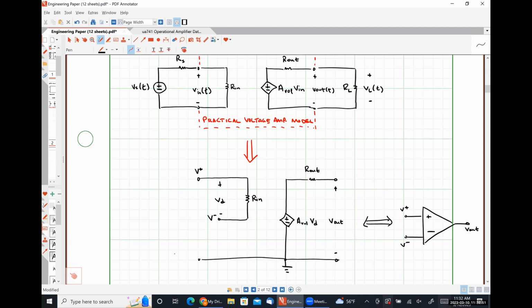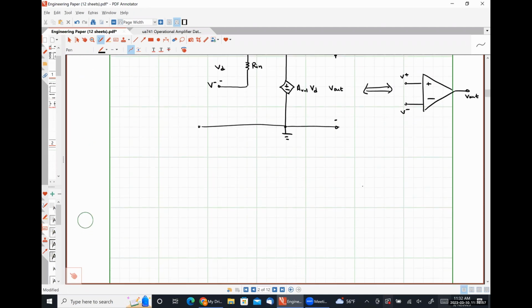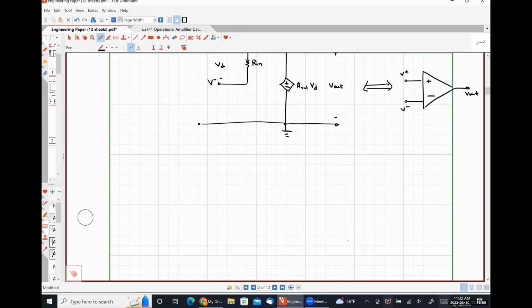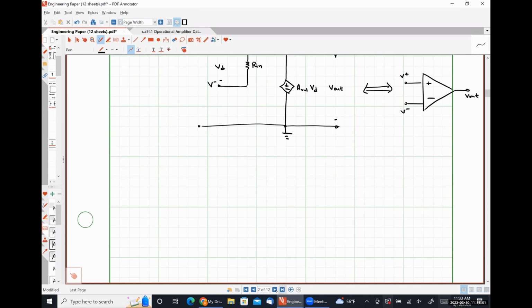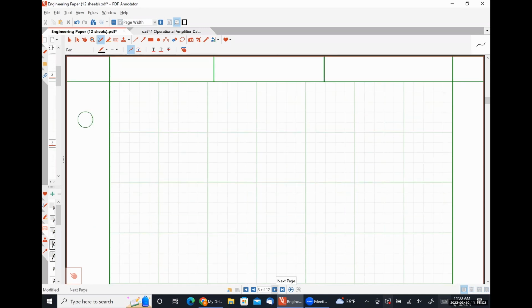Okay, so I'm going to go to another page just because I'm not 100% sure there's enough room here. So what we're going to do is we're going to analyze the following circuit. So let's say that I have an op amp like so.